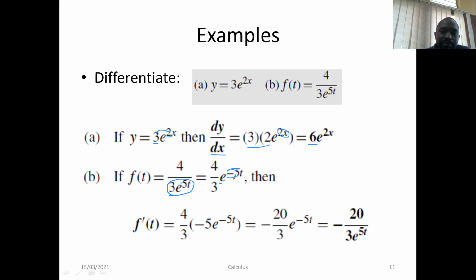And then we can now apply the rule where this constant, minus 5, is multiplied by 4 over 3, which is what is illustrated here. Once we multiply these two, we get minus 20 over 3 e to the power minus 5t, which can also be written as minus 20 divided by 3 e to the power positive 5t, if we change this into a positive.